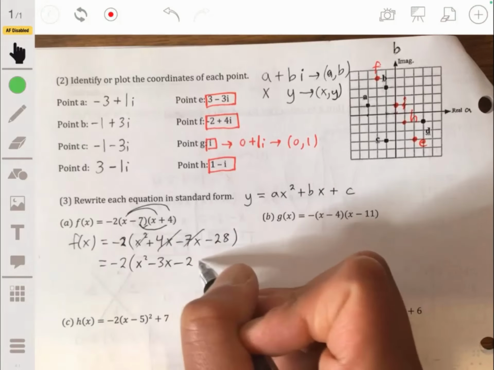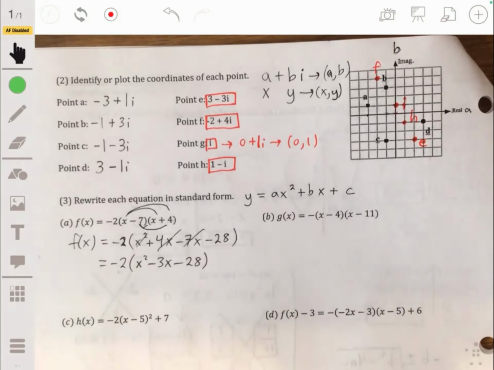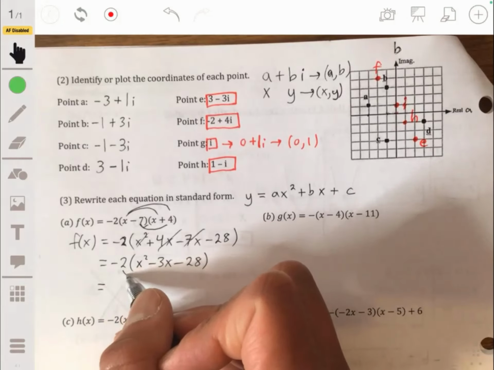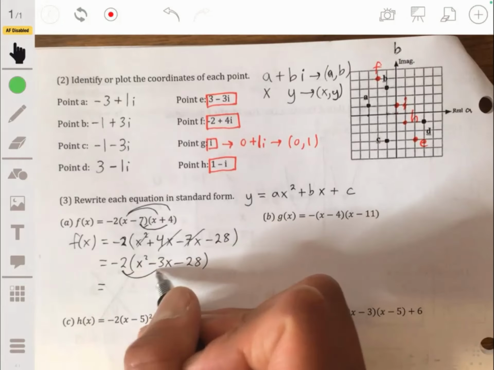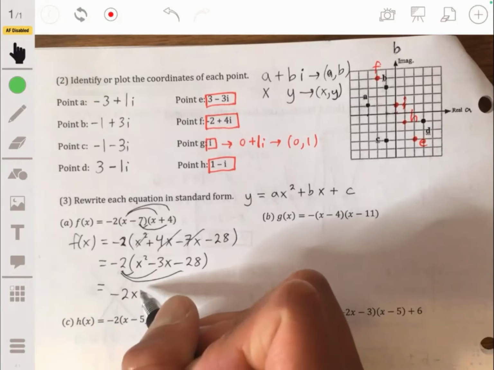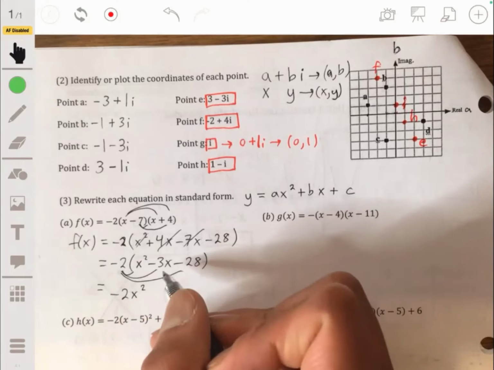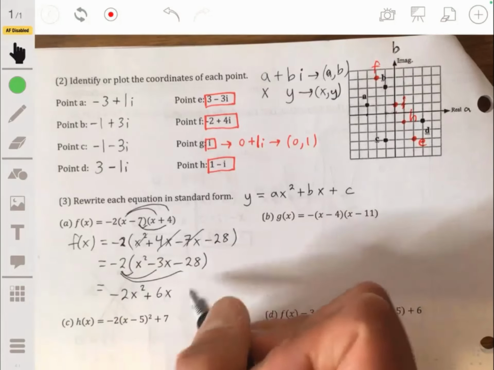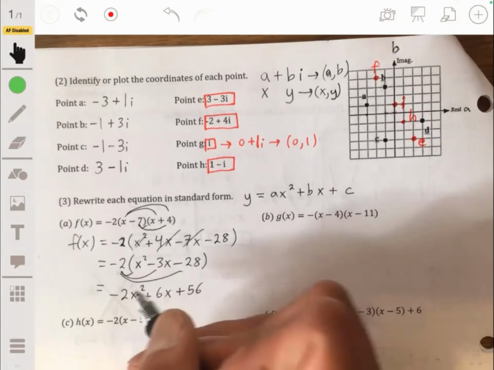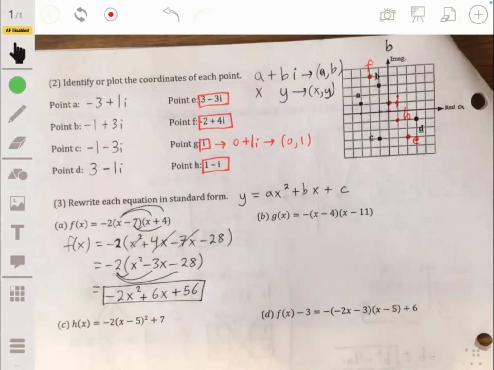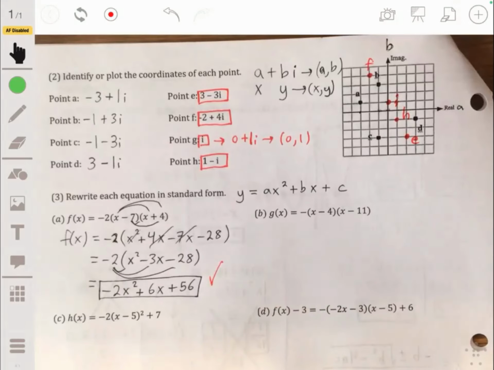And then minus 28. And then lastly, distribute the negative 2 to each of these. So negative 2 times x squared, negative 2x squared, negative 2 times negative 3x, so plus 6x, negative 2 times negative 28, plus 56. And there you go.